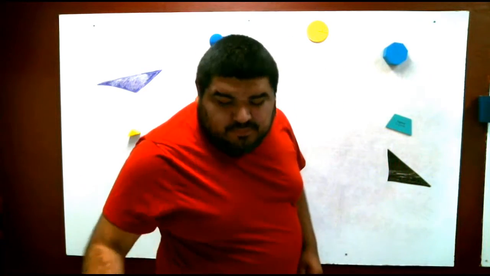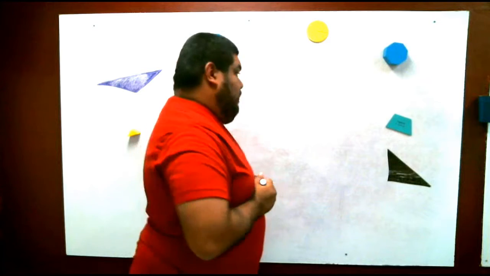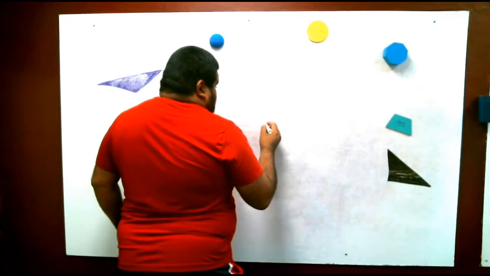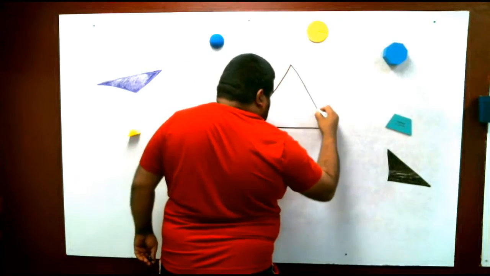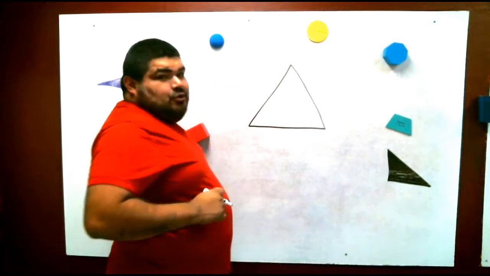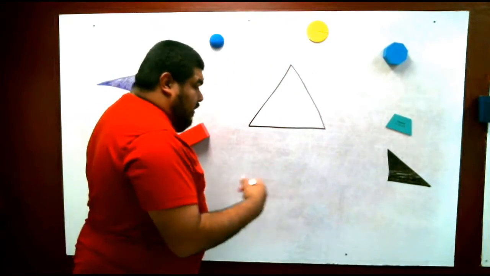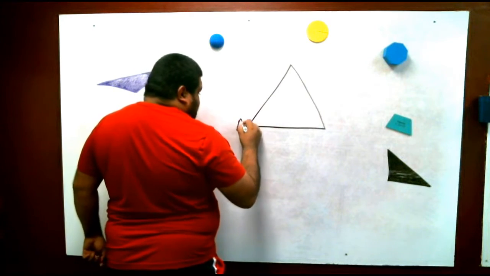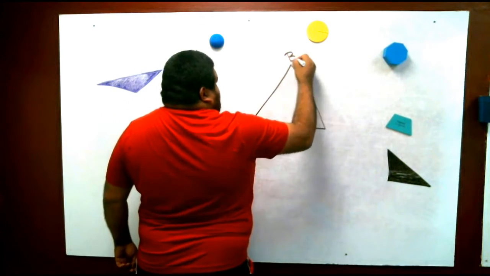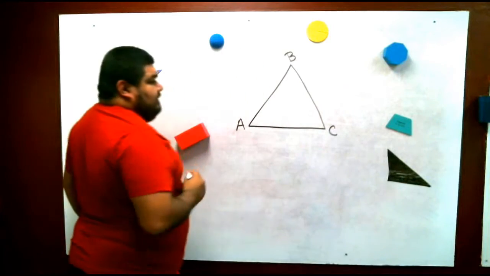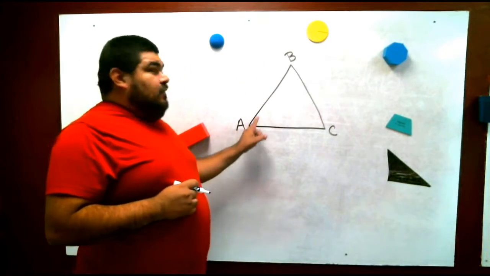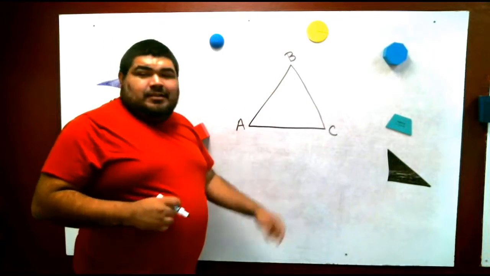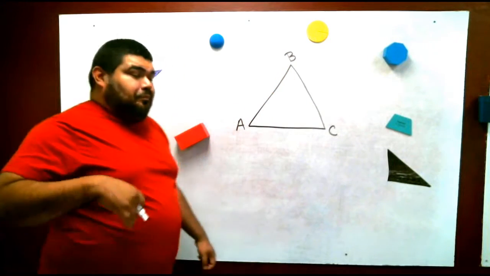So for example, if we have a triangle, here's our triangle. Our triangle is labeled A, B, and C. Remember, it has three vertices, three sides in order to be a triangle.